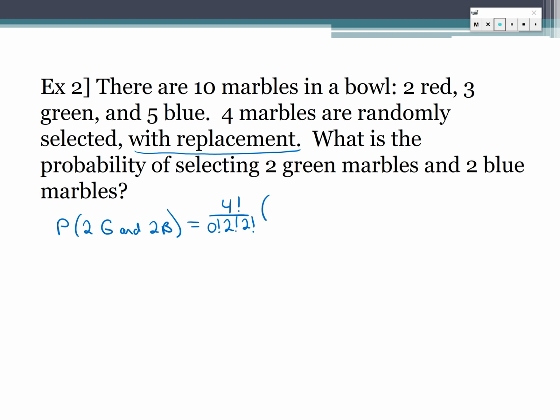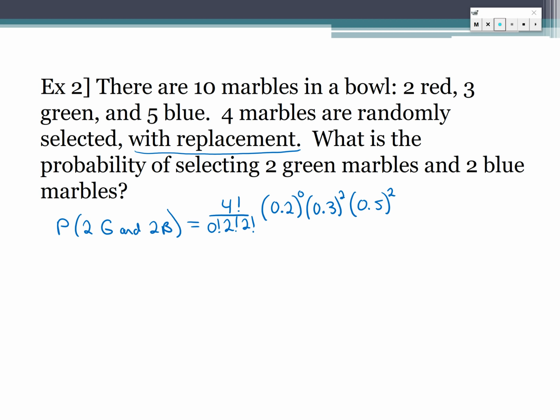Corresponding probabilities. Probability I draw a red is 2 out of 10, or you could put a 5th, or I know the decimals are usually easier to enter into the calculator. Probability I draw a green is 3 out of 10, and I want 2 of those. Probability I draw a blue is 1/2, and I want 2 of those.